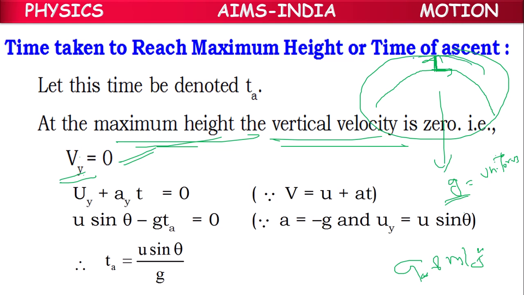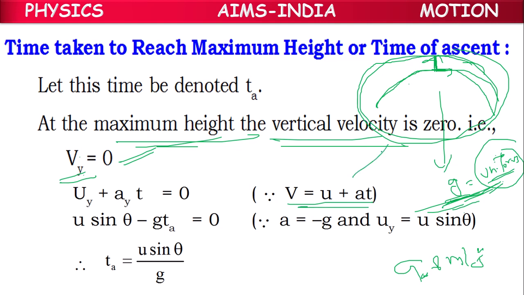It means the oblique projectile is under uniform acceleration. It's an example of a uniformly accelerated body, so equations of motion we can apply.